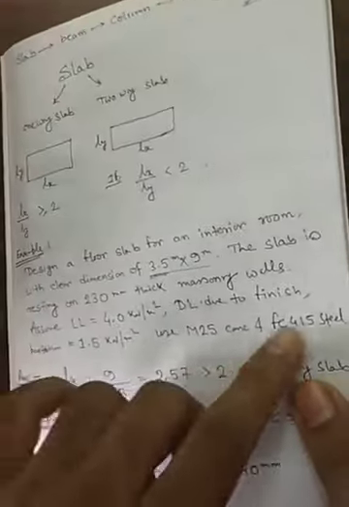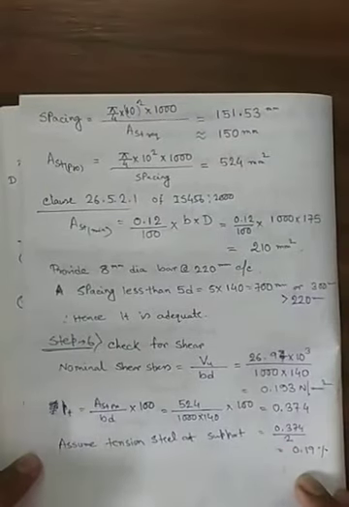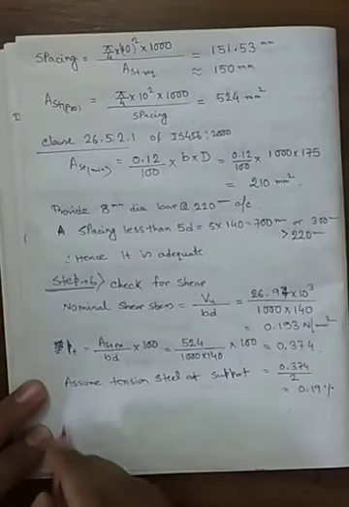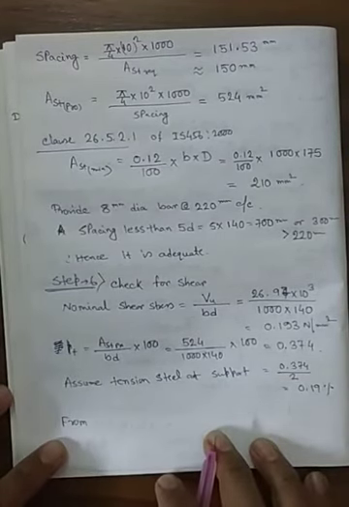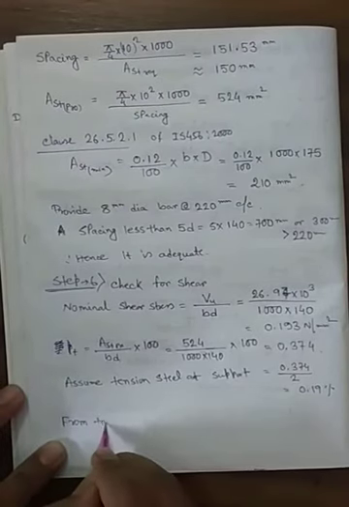Our grade of concrete is M25, that means 25 grade of concrete. So for the case of 25 grade of concrete and percentage PT is 0.19%, then from table 19, I request all of you to go through the IS 456 code and check table 19.